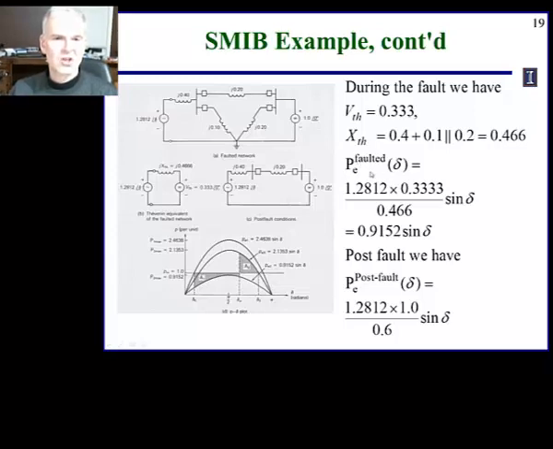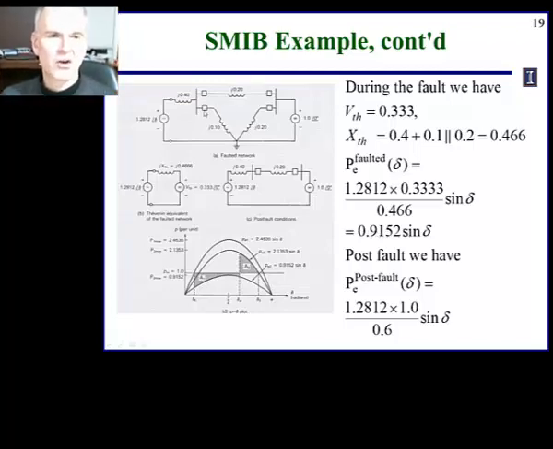So we see that during the fault, our P electrical is not 0, rather it's 0.9152 sine of delta. Now what's interesting about this is while that fault is on, if we're continuing to supply 1 per unit real power into this generator, there's no way we can get 1 per unit real power out because the maximum is going to be 0.91.